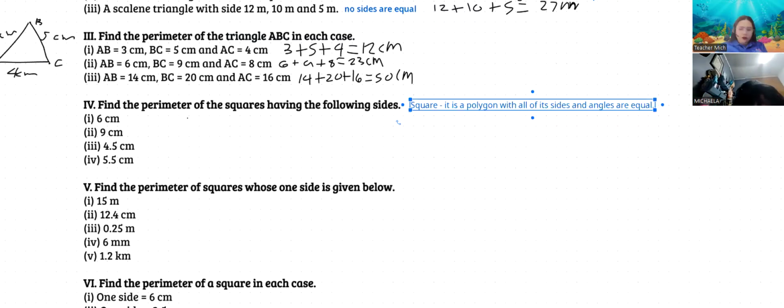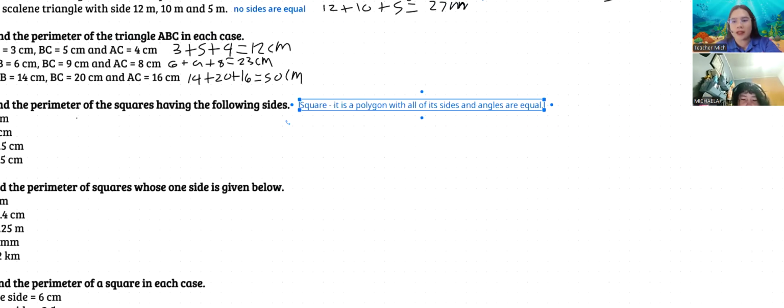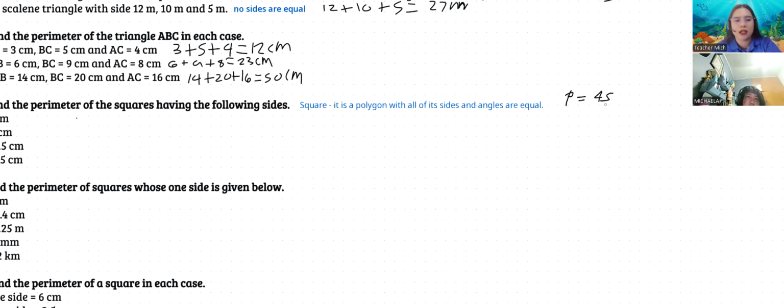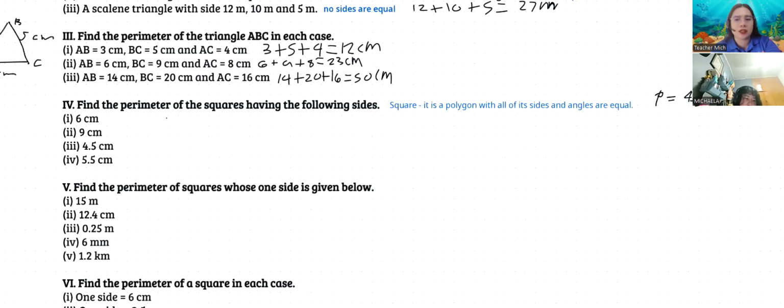Okay, so how do we solve for the perimeter of a square? So we have here, anak, for us to solve the perimeter of a square, perimeter is equal to 4s. So what is 4? 4 is the number of sides of our square. Okay, and then you need to get the measurement of one side of our square. So for example, anak, in Roman numeral number 1, we have here 6 centimeter.